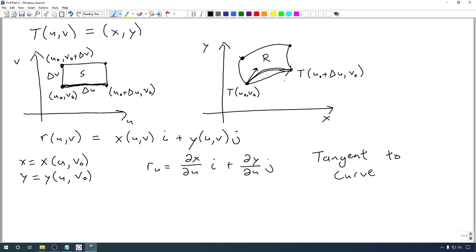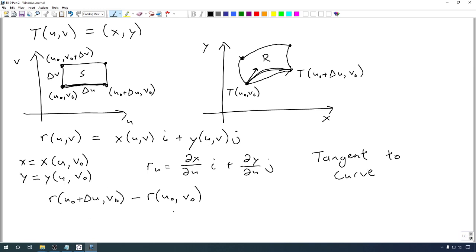Well, that gives us the 2 points, but we could also plug them into r. That considers those 2 points as actual vectors, and then the vector between those two endpoints is the difference between those two vectors. So this vector here is actually the vector r of u naught plus delta u v naught minus r of u naught v naught.